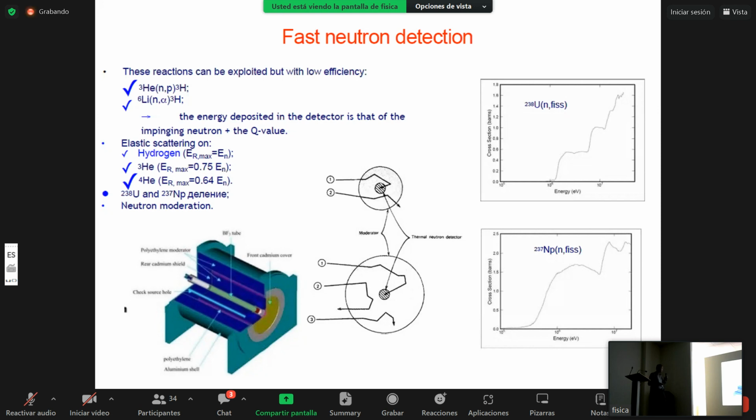There are several types of detectors for this task. One of them is liquid scintillation detectors, and the reaction is based on elastic scattering of neutrons on scintillation materials containing protons, which give rise to proton recoils in the detector that you can measure.